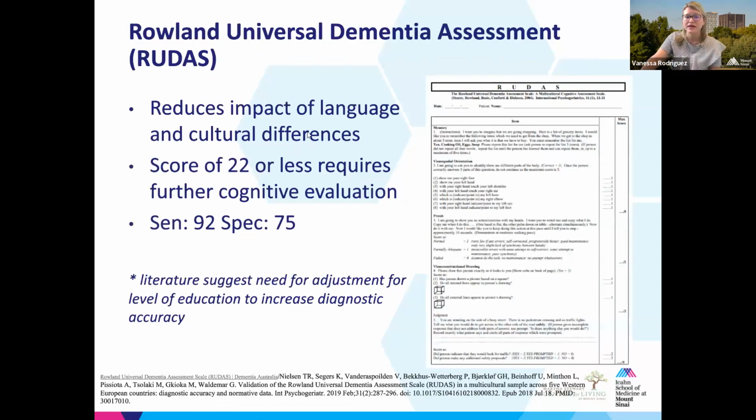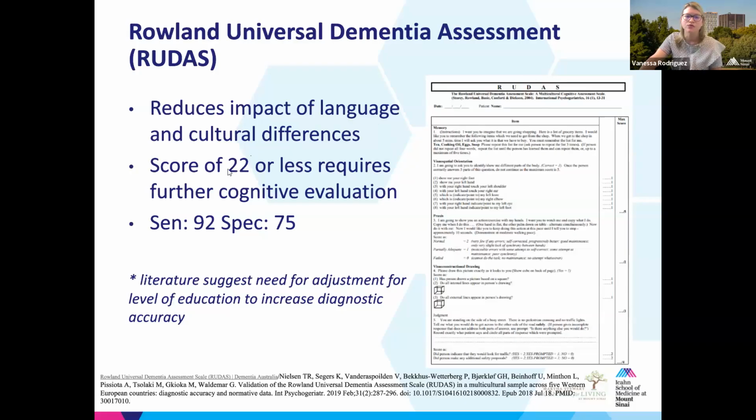There is another screening tool called the Rowland Universal Dementia Assessment, known as RUDAS. What makes it more attractive to some providers is that it reduces the impact of language and cultural differences. It has been tested and reproduced in different languages.